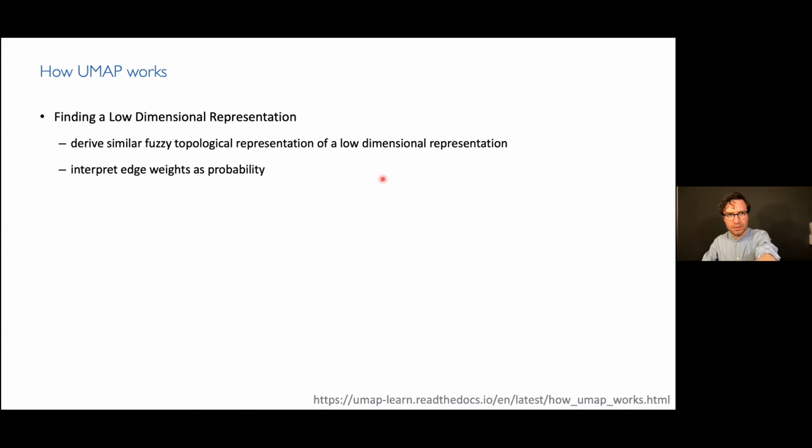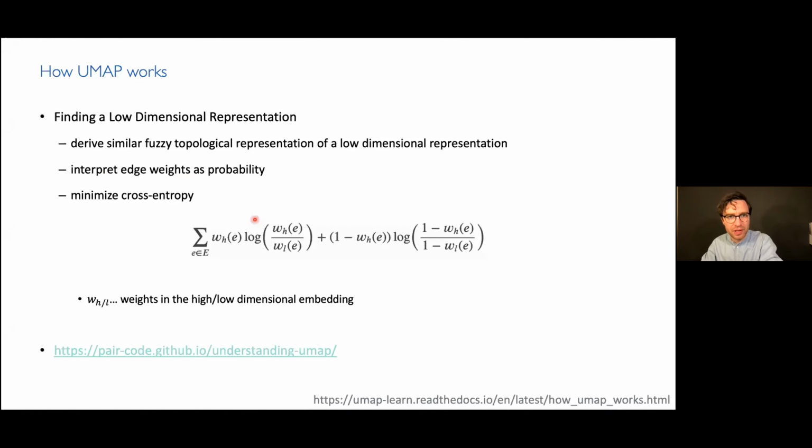So you have a graph representation of your high-dimensional data and of your low-dimensional data. You interpret the edge weights as probabilities, and then you minimize the cross entropy given here, where the important thing is that you try to match the edge weights in your high-dimensional representation with the edge weights in the low-dimensional representation. When this ratio gets to 1, the term vanishes, and the same happens over here.